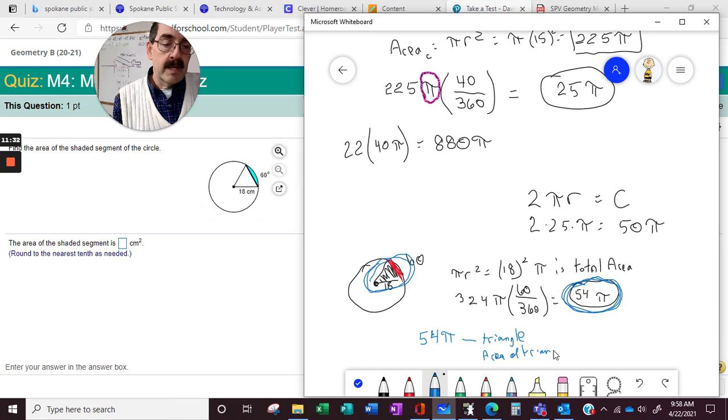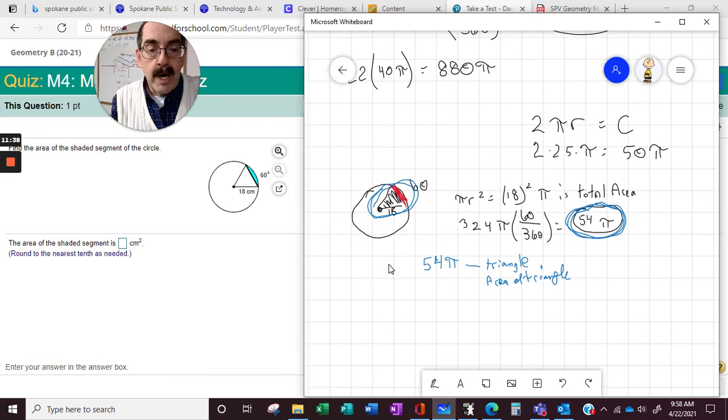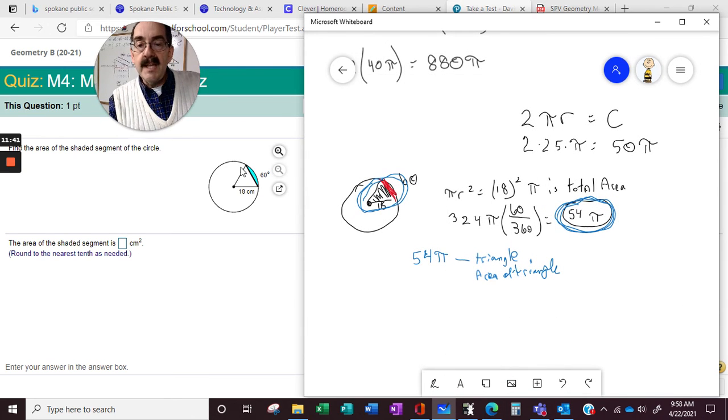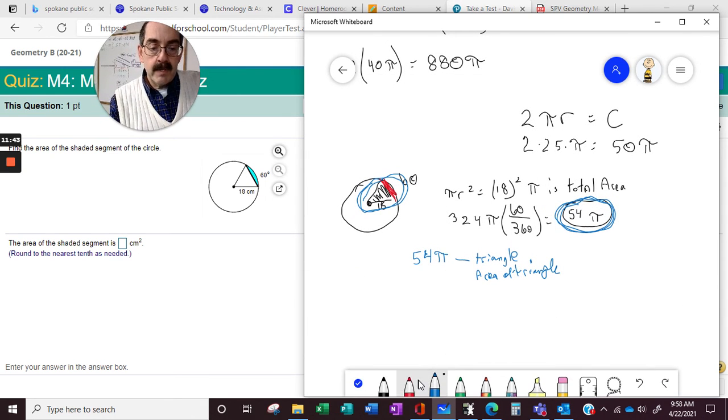Okay? Now again, because of hybrid learning, we won't be responsible for this problem, and here's why. This is an equilateral triangle. So we have an equilateral triangle that measures 18 by 18 by 18.